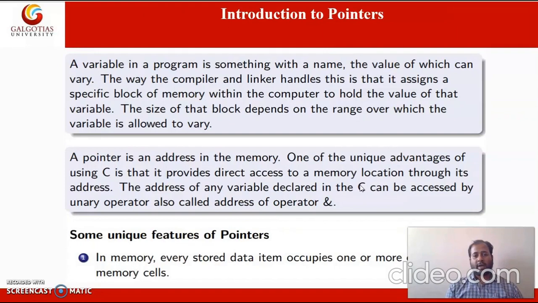In any programming language, we have variables and constants. So, what is the difference between a variable and a constant? A variable is an identifier which is used to store some values.